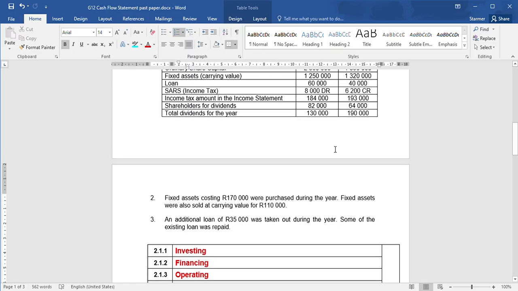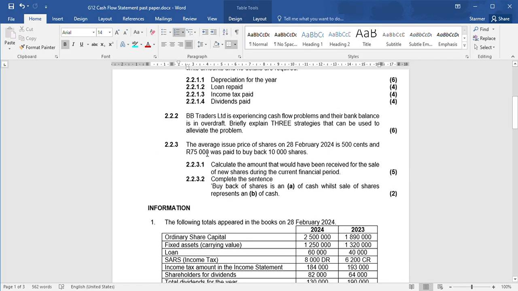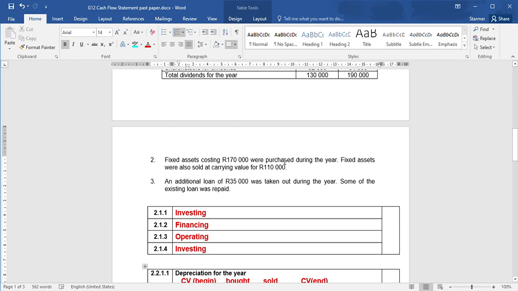But they tell you in the question that the average issue price is 500 cents and 75,000 was paid to buy back 10,000 shares. So when we're dealing with share capital, everything must be at average issue price. So for that buyback of shares, we're going to use 5 Rand times the 10,000, which is 50,000.